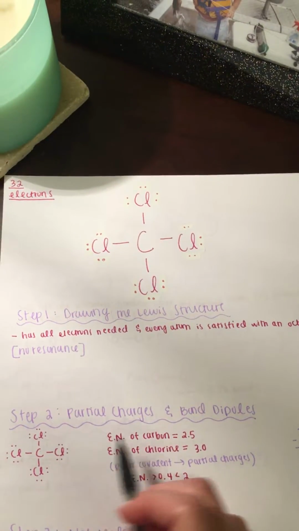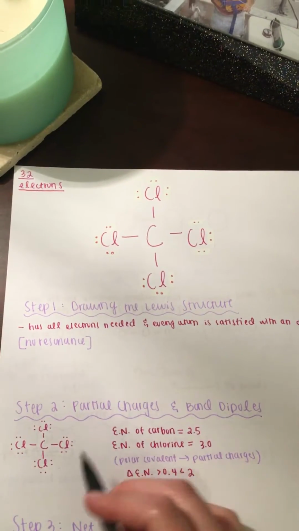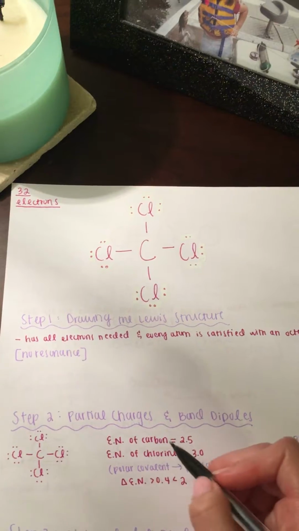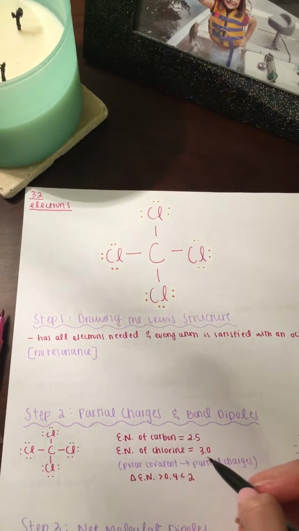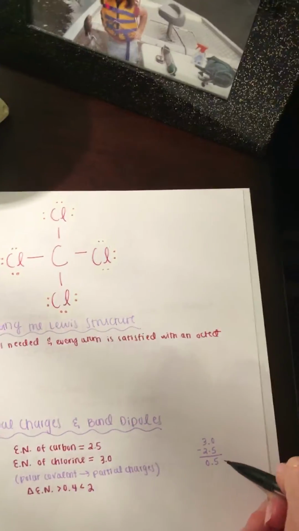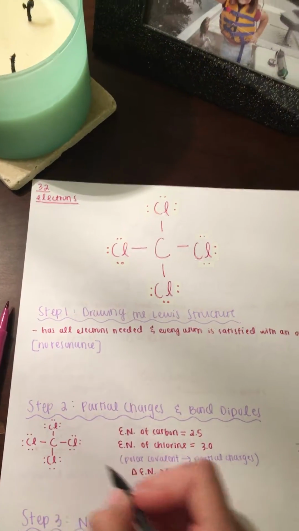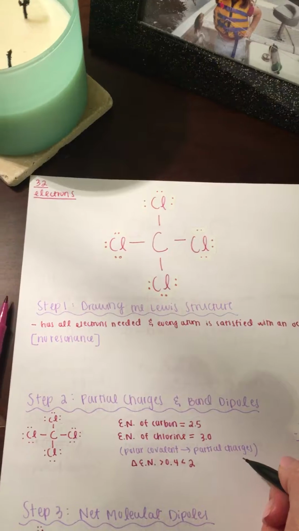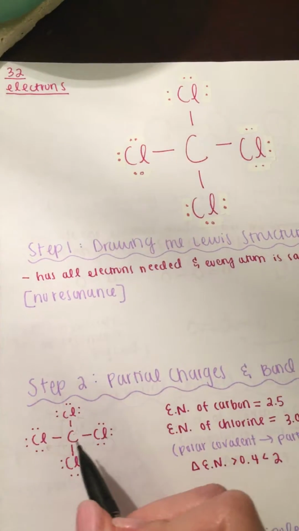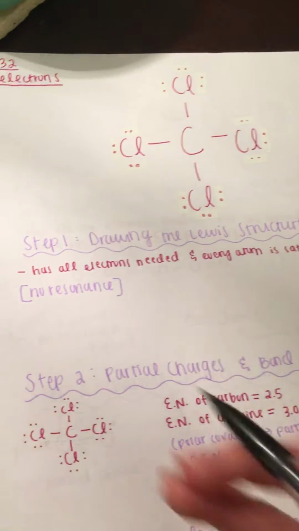And now we can go to the partial charges and bond dipoles. We see that carbon has 2.5, chlorine has 3. Subtract, it's 0.5, and again it has polar covalent bonds between these 2 atoms, which gives you partial charges. So carbon is 2.5 and less than chlorine.